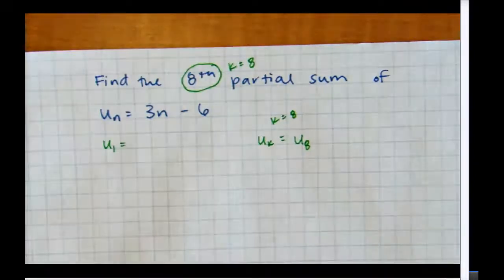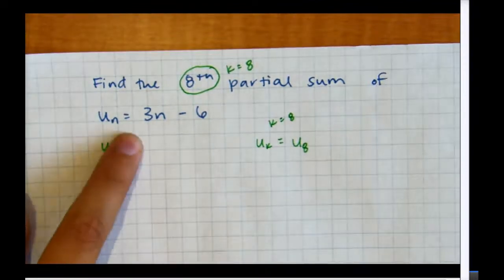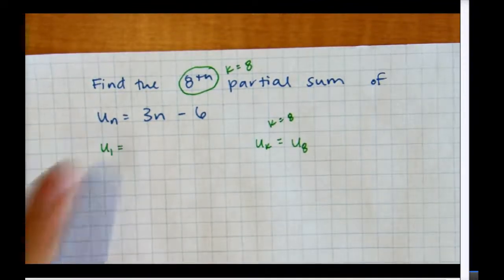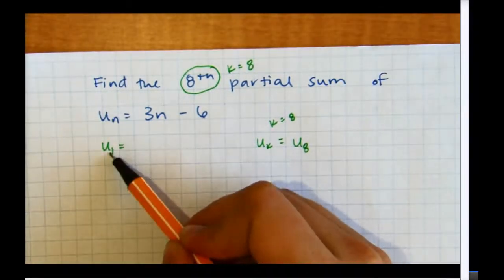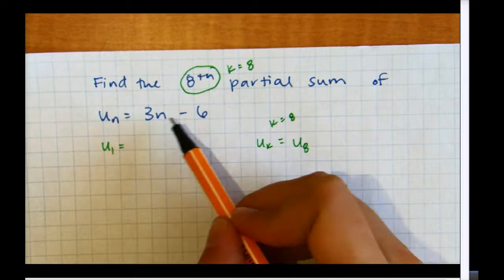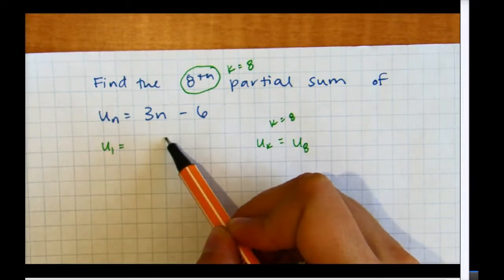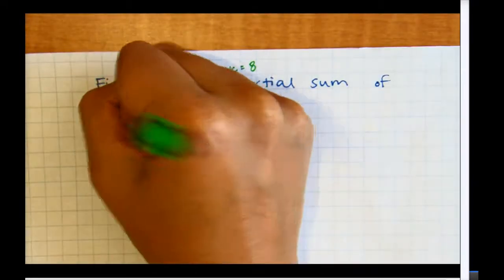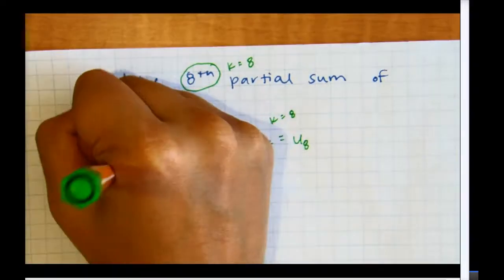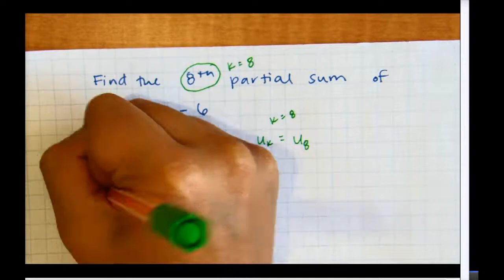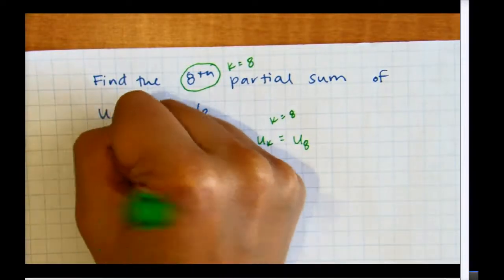How do I, in your own words, find u sub 1 using this equation? Great, so if I'm replacing n with 1 over here, I can just replace n with 1 over here. So this is 3 times 1 minus 6. U sub 1 will equal 3 minus 6, or u sub 1 equals negative 3.